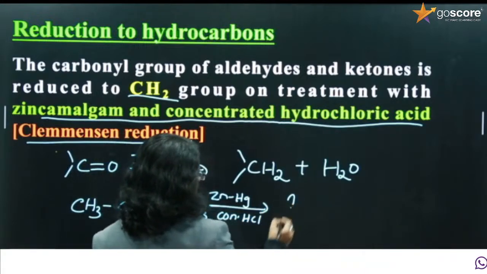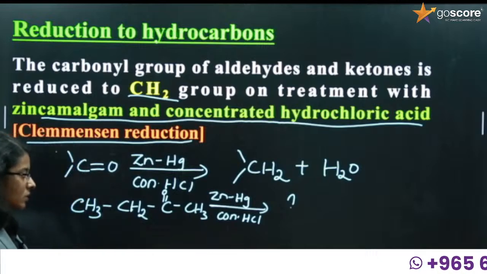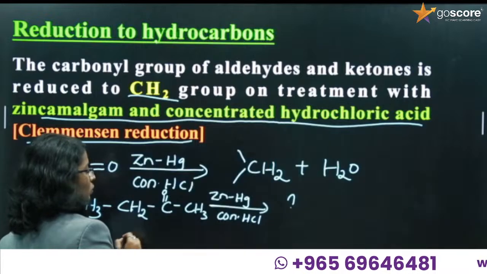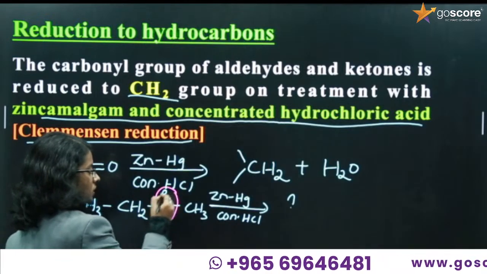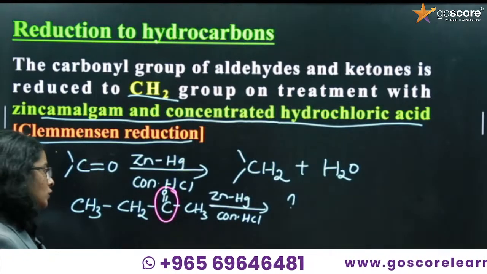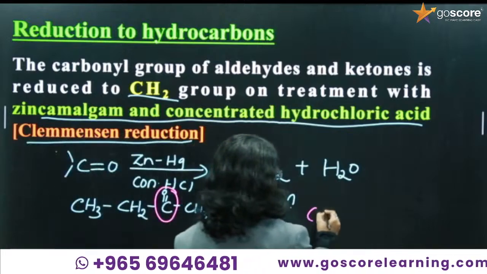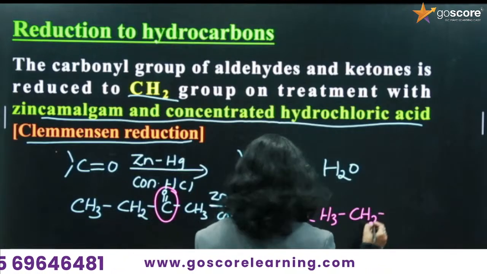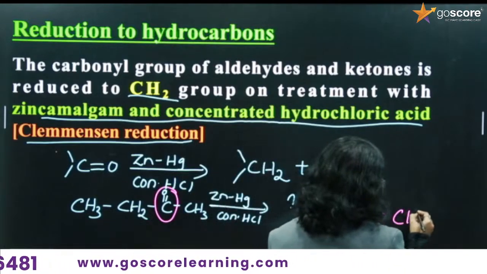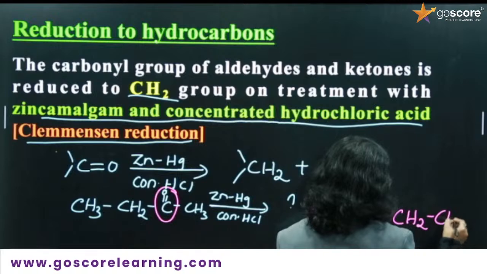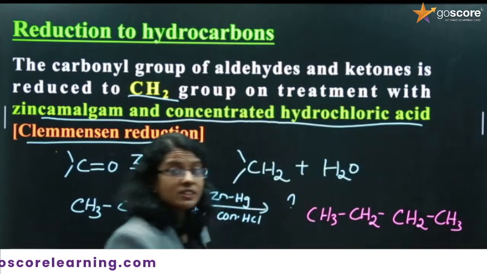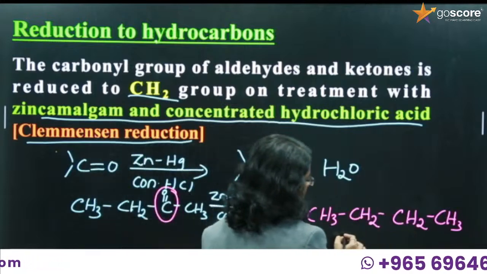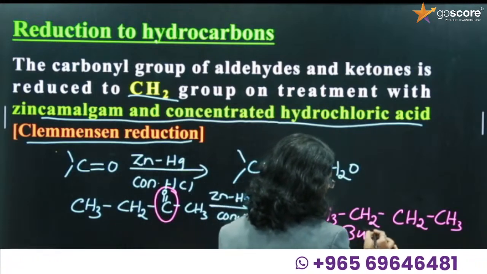Write the product. What is the product? This group will change to a CH2 group. So you will get CH3CH2CH2CH3. What is this? This is a hydrocarbon. You get butane. There are 4 carbon atoms, so it is butane.